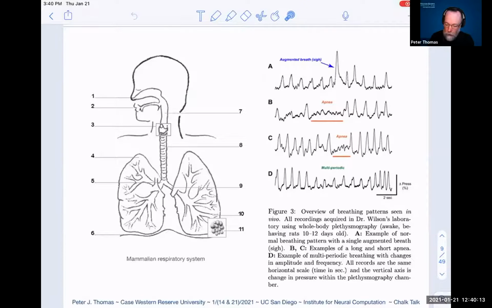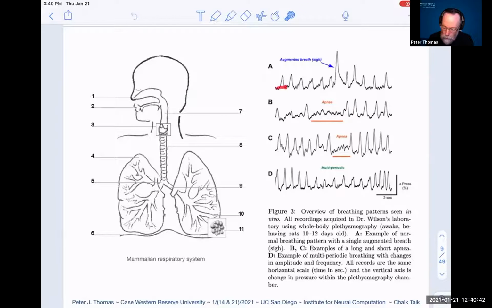And one of the interesting things, once you think about it, everyone has experienced this, but usually you don't think about breathing. If you're just sitting quietly listening to this talk, you may get sleepy or something, but if you're not getting up and walking around, your breathing will be pretty regular, but every once in a while you'll make an augmented breath, an extra deep inhalation, a sigh, or just a sort of luxurious, extra large inhalation.